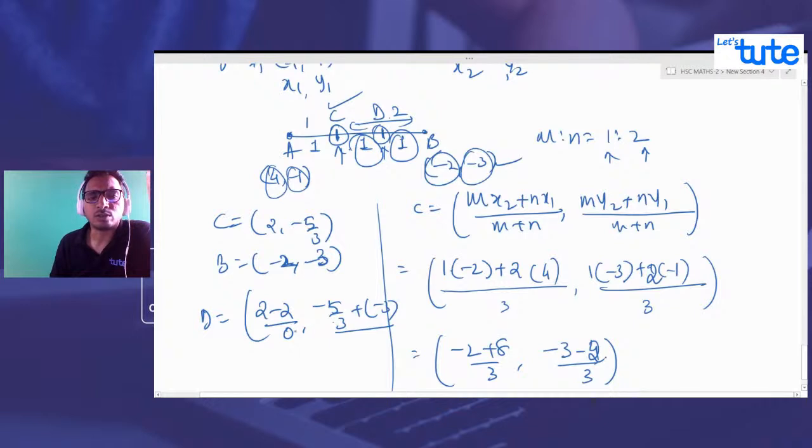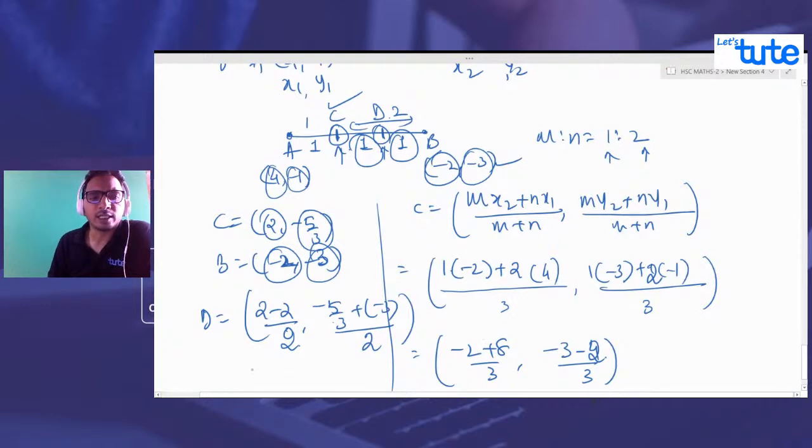Was it 0? No, right? It should be 2, because we are taking the midpoint, and for that we are taking the average. Okay, so 2, -2, -5/3, and -3, correct? That's what we have to consider.